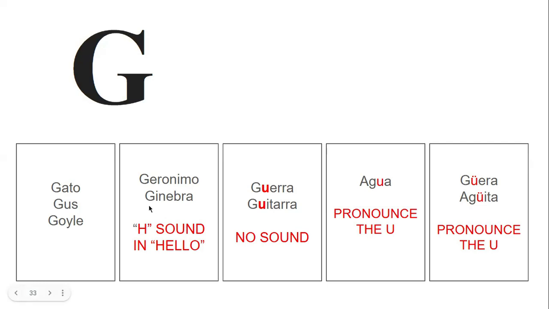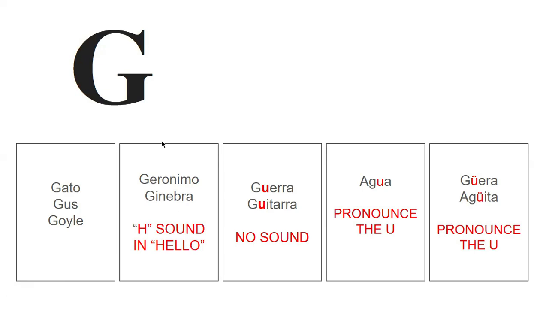If you were to pronounce hello with a stronger sound, it would be je, right? So, Jerónimo, Ginebra. So remember, a, u, o is ga, gu, go; e, i is je, ji.